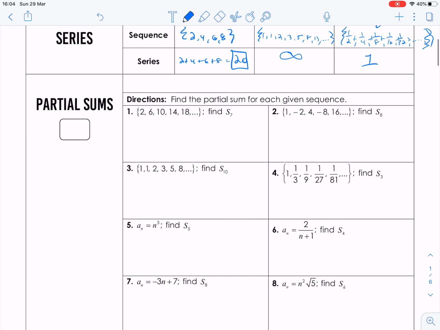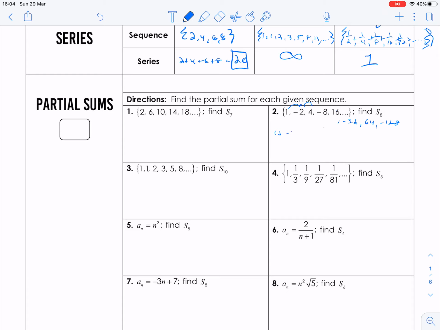So in this case, this is going to be a geometric sequence. What are we multiplying each one of these by? It's going to be -2. So 16 times -2 will be -32, 64, -128. That's A1, A2, A3, A4, 5, 6, 7, 8. Yep, there's our 8.